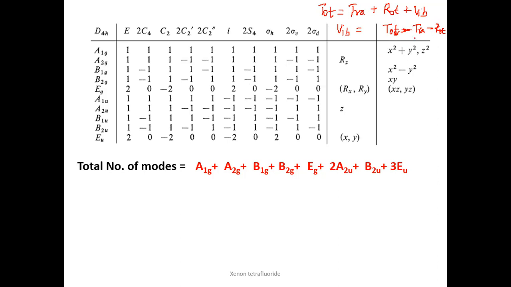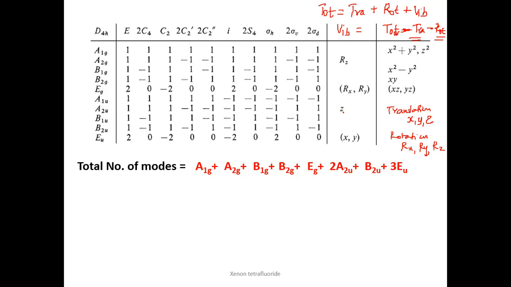We have to subtract the translation mode and rotation mode from the total mode. The translation mode is found out like this. For translation you have to look at x, y and z. For rotation you have to look at the rotation vectors Rx, Ry and Rz.